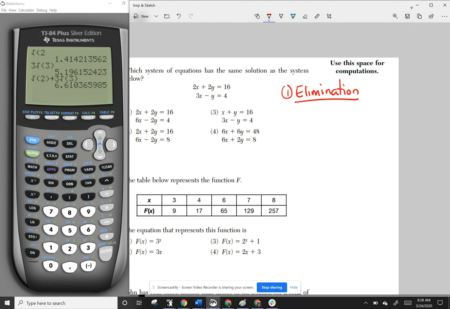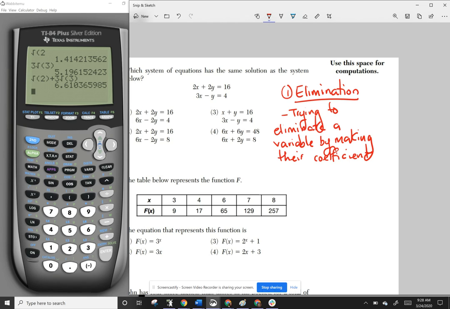And in elimination, we're trying to eliminate a variable by making their coefficients equal.